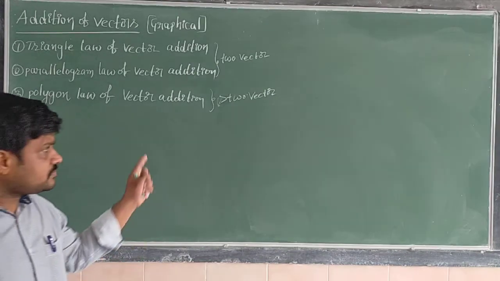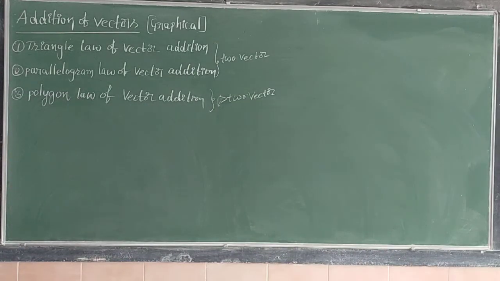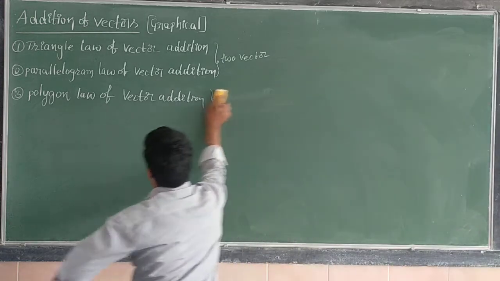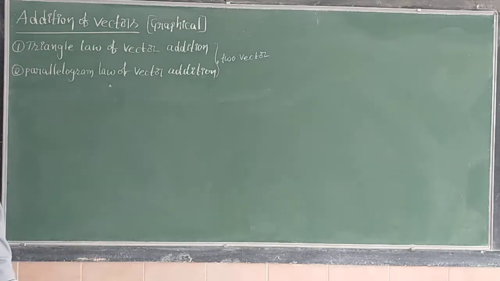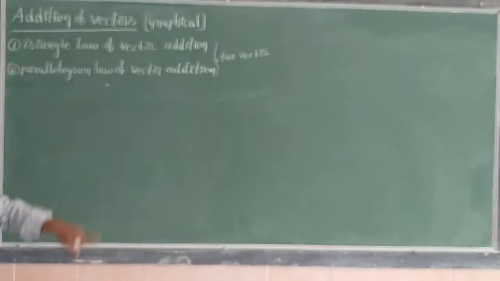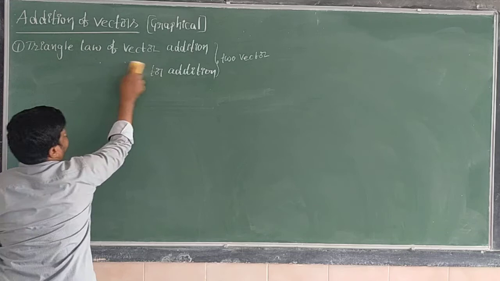Right. Mainly in this class we are going to discuss these two: the triangle law of vector addition and the parallelogram law of vector addition. Now let me study them.